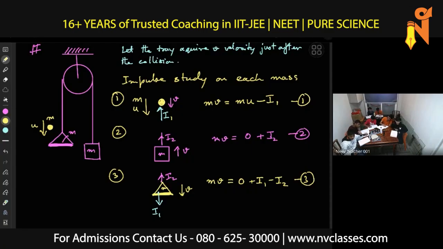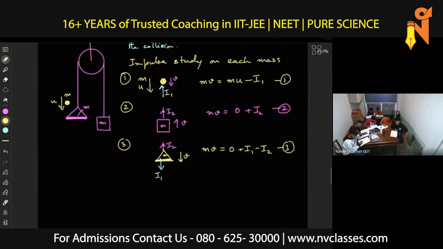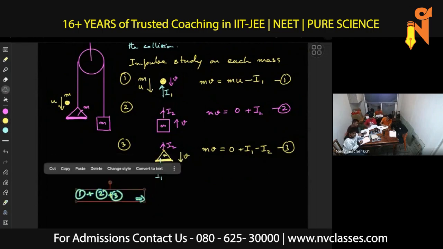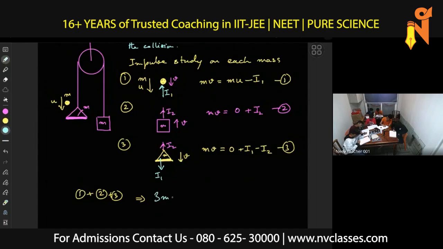The I1 and I2 cancel, and MV plus MV plus MV equals MU. So 3 MV equals MU. So no wonder V is equal to U by 3, right?